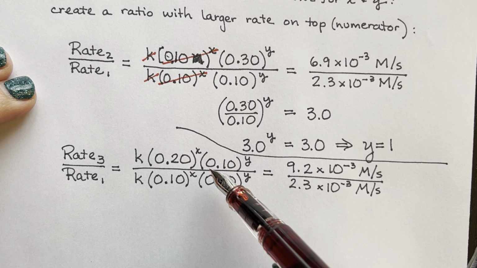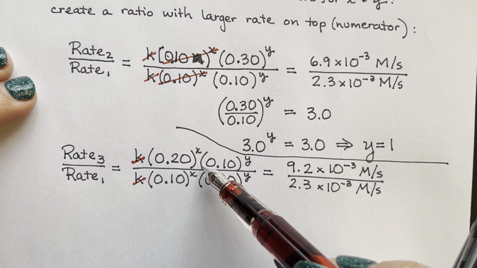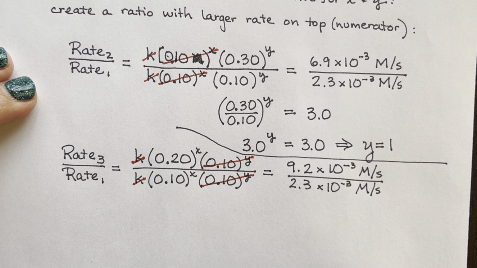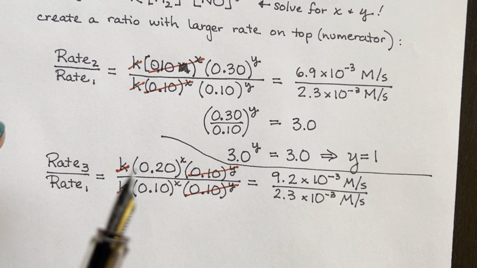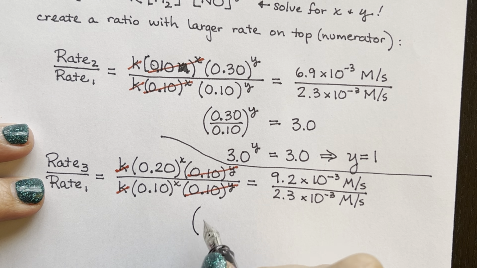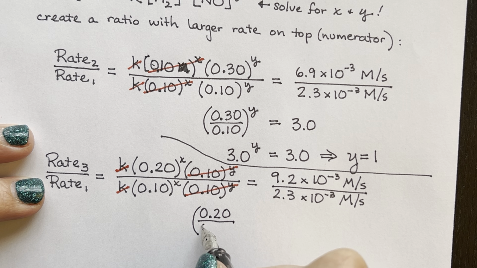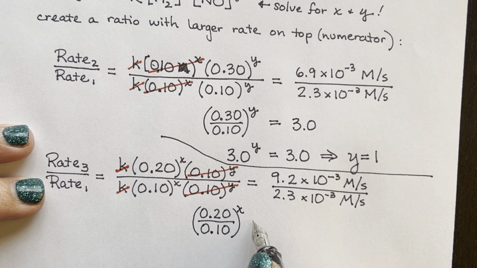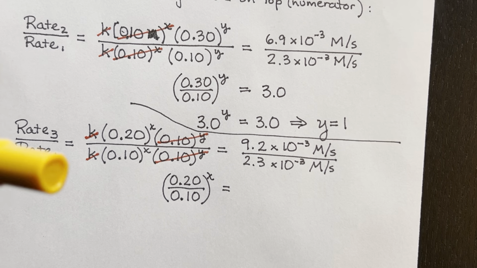We see that the rate constant is the same, so it's going to cancel. 0.1 raised to the y, 0.1 raised to the y also cancels. So once again, we're now seeing the influence of, I'll combine this together, 0.20 over 0.10 raised to the x gives this ratio. Let's see what this ratio is.